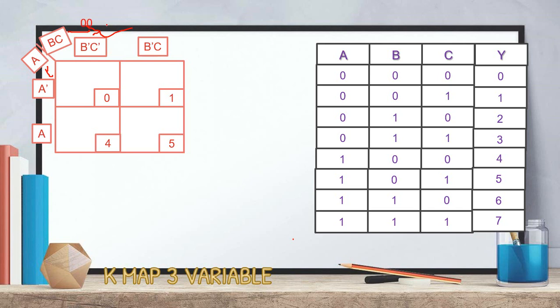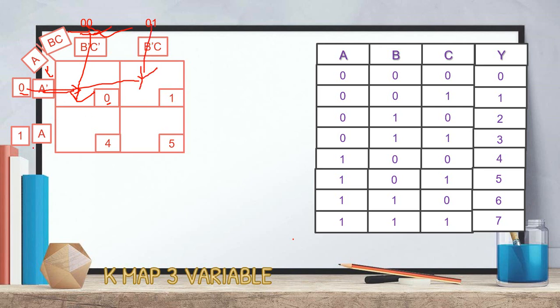B bar C bar we can represent as 0 0, B bar C as 0 1, A bar is nothing but 0, and A means 1. This is how we fill the first bits. Here we take 0 because all three are 0 0 0. This condition we call 0. Next, 0 0 1 means it is 1.